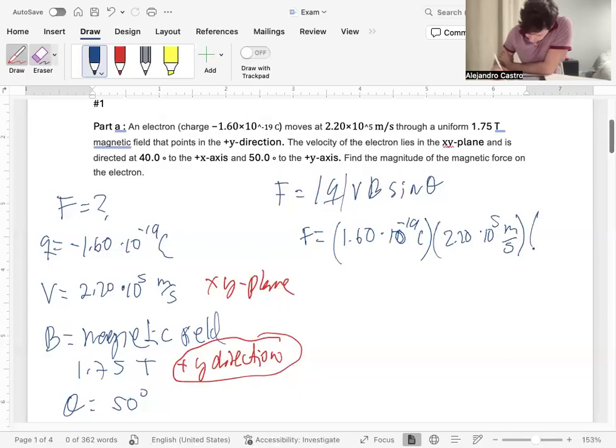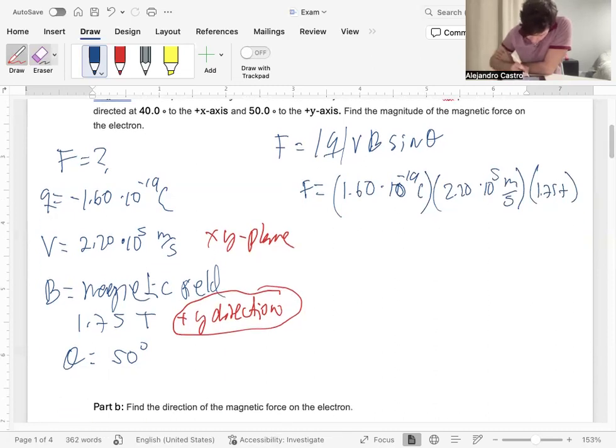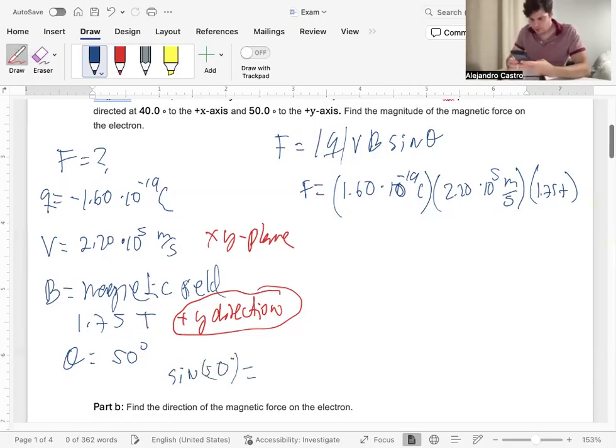B. I have 50. Let's see. 76. Multiply for that.